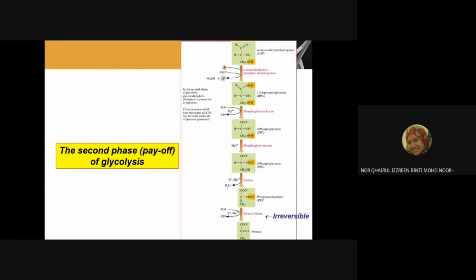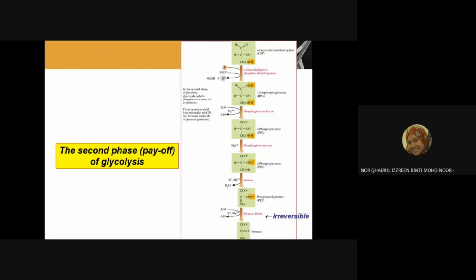Remember, the 6 carbon glucose is converted, towards the end of step number 5, into glyceraldehyde 3-phosphate and DHAP.